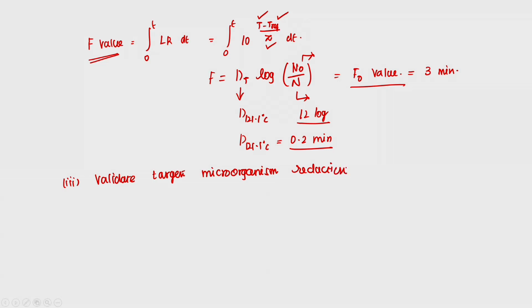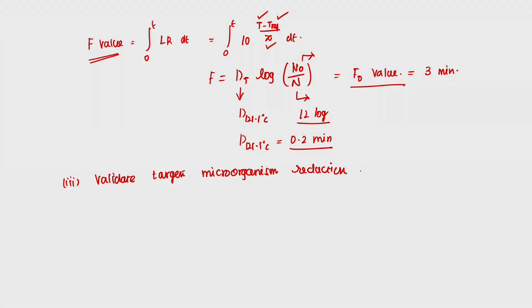So I have found out the target microorganism for my process based on the characteristics of the food and of the microorganism. Then the second point is to reduce to a particular log level. Then I have designed my F value for the process to be established. Then I am supposed to check whether the particular time-temperature combination I applied and the equivalent F value established is correct or not.